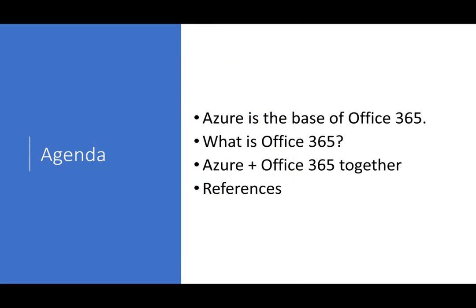So, what we're gonna do today is we're gonna talk about what is Azure and how Office 365 sits on top of Azure. Because you may know already how things are in Azure, but we're gonna look at a very high level, not a deep dive, at what all the services are and how they work. Then we're going to talk about what is Office 365.